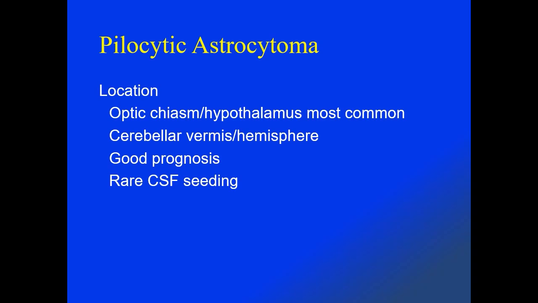Pilocytic astrocytomas are typically found involving the optic apparatus, the hypothalamus, and the cerebellum, and they are known to have good prognosis, but occasionally they are known to spread via CSF throughout the CNS.